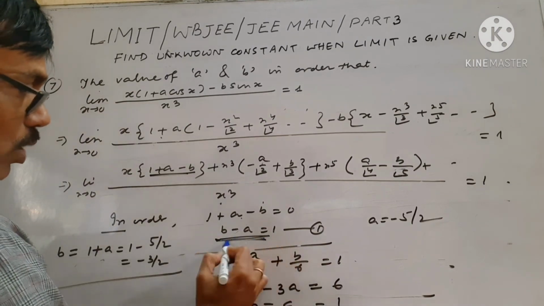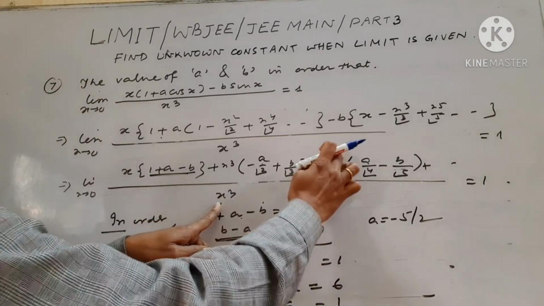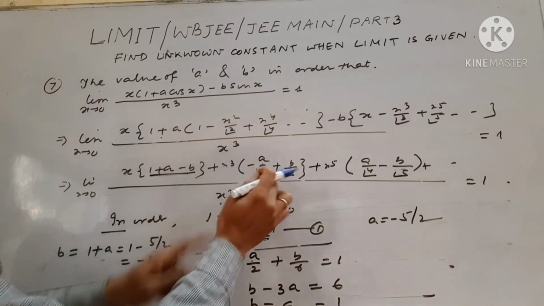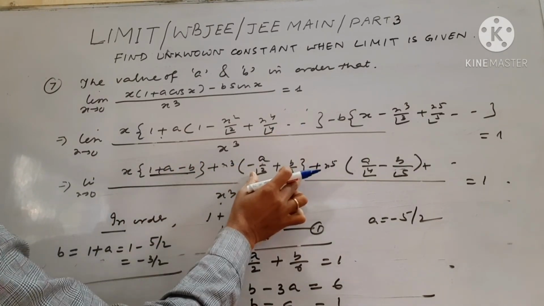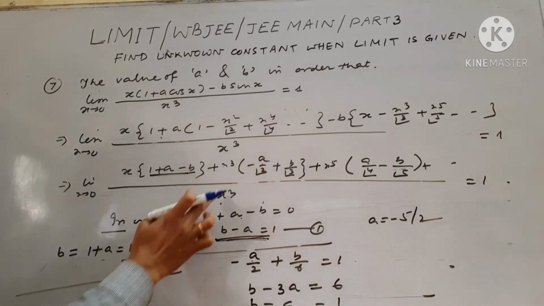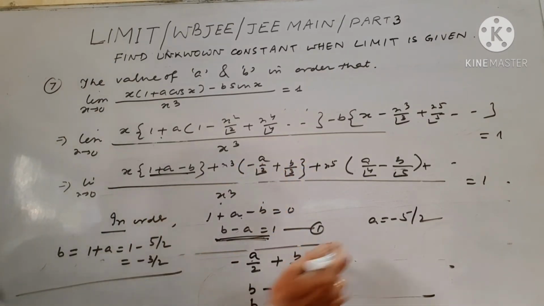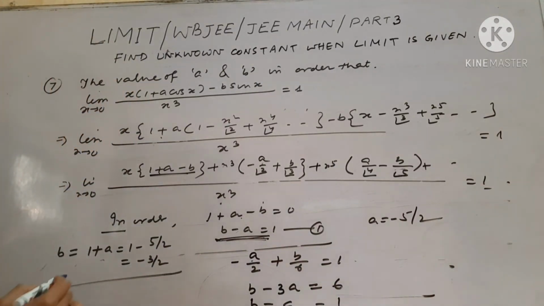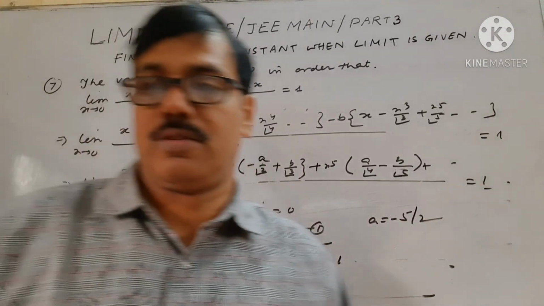So we are getting one equation. Now x cube, x to the power 5, this part is 0. So only this one is the value of the limit. So what is the value of the limit? Minus a by 2 plus b by 6, and this is to be given 1. So we get a and b.